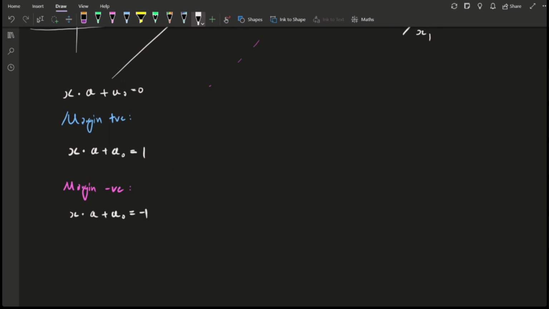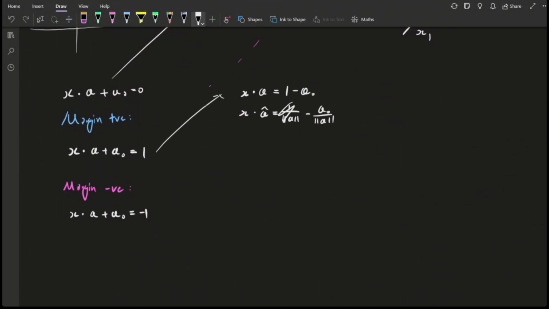Let's understand why we're using this expression. If we can understand this, we can understand this. Let's re-express this a little bit. If you divide both sides by the norm, this vector is now the unit vector of the normal vector: 1 divided by the norm of theta minus theta naught divided by the norm of theta.